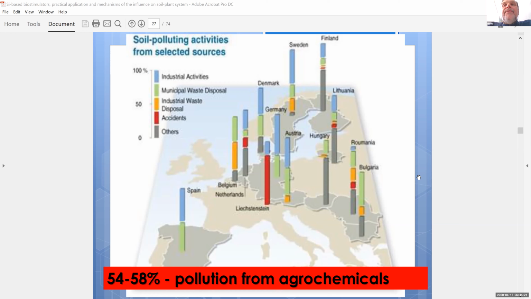Only from 2012, Greenpeace investigated the pollution in Europe, and they found that 58% of pollution in European soil comes from agrochemicals. Next, please.